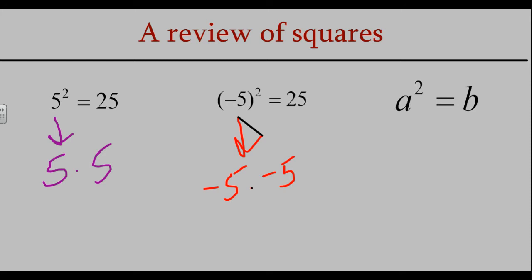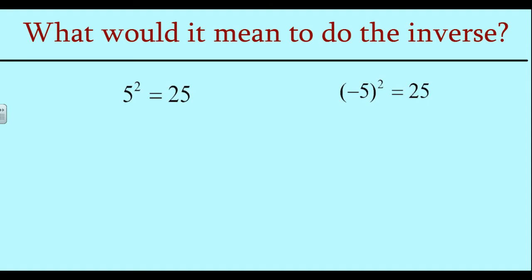Both of those things multiply together to become 25. And basically we write it in this generic form of some number squared is something else. And so if we were going to talk about an inverse operation, we would talk about going backwards through this. Instead of starting with 5 squared to get 25, we could start with 25 and try to go back and say, well, what number multiplied by itself is 25?